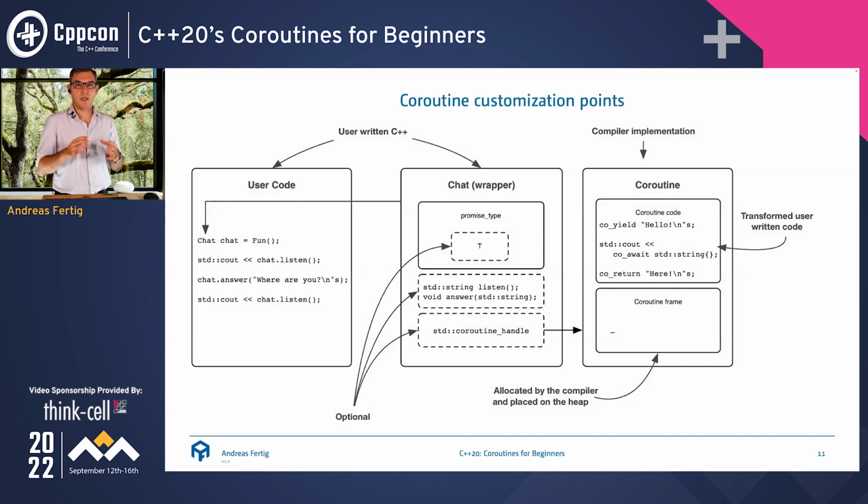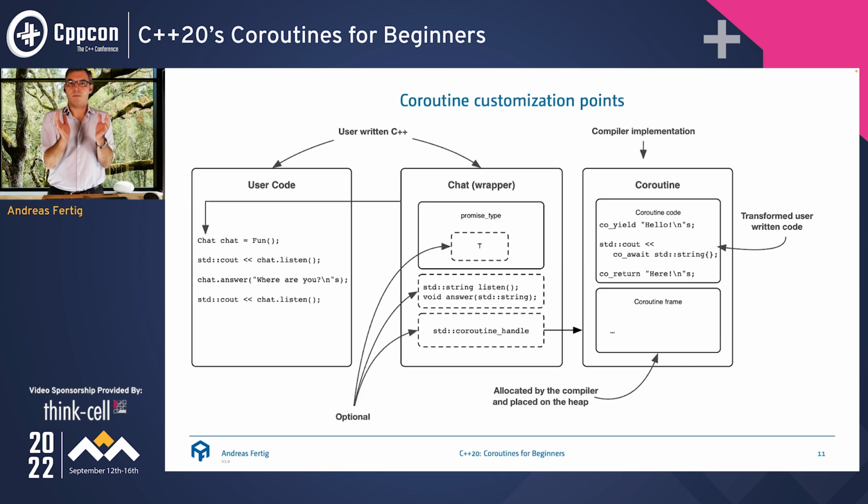And if you look at the big picture, then we can see on the left our user code. Okay, so this is what we had in the function use. And our coroutine fun returns this type chat. And this is our wrapper type in the middle. And that one contains a promise type. And that promise type may or may not contain additional variables. In our case, it contains 2 std strings, but it's totally implementation freedom for us.